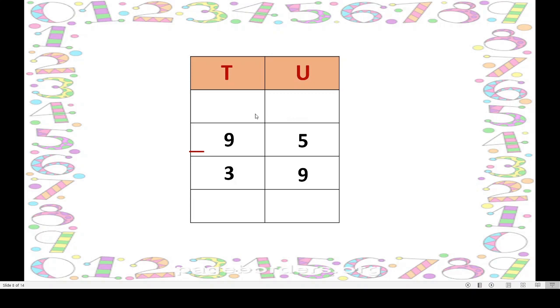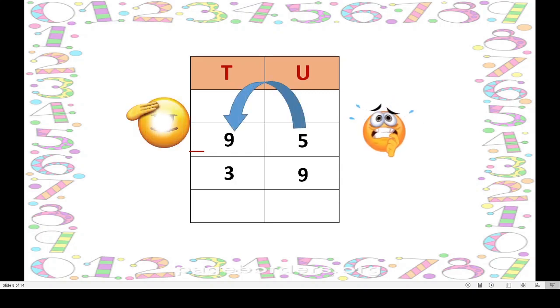So 5 will borrow from the tens place, and the ten unties, it is 1 ten and it helps the unit place. See here, same thing, right? So 9 unties into 8 and 1. 1 moves to the unit place and 8 remains in the tens place.